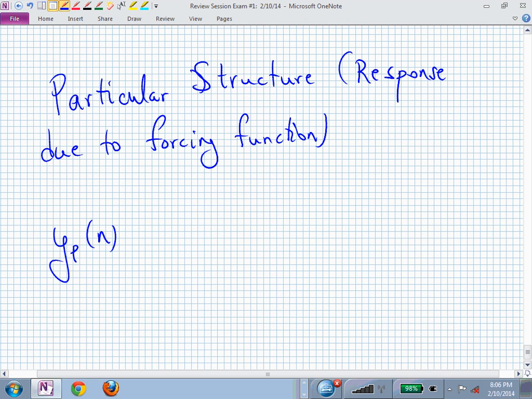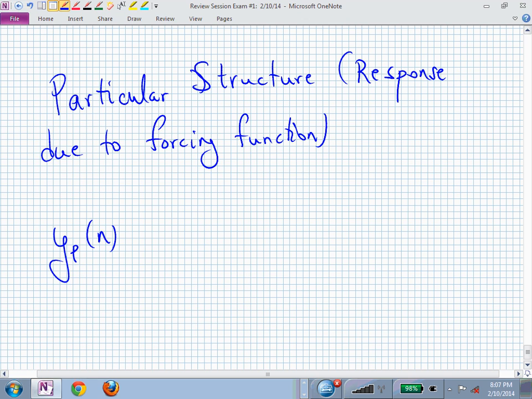Actually, I'm not looking for the complete response. Now I'm just looking for the particular solution. And I've hit your system with this exponentially damped cosine. What are you going to see after your transients have disappeared? Or really, what's the structure of the particular solution? Is that clear what I'm asking? So don't worry about transients. I just want to know what's the particular structure.